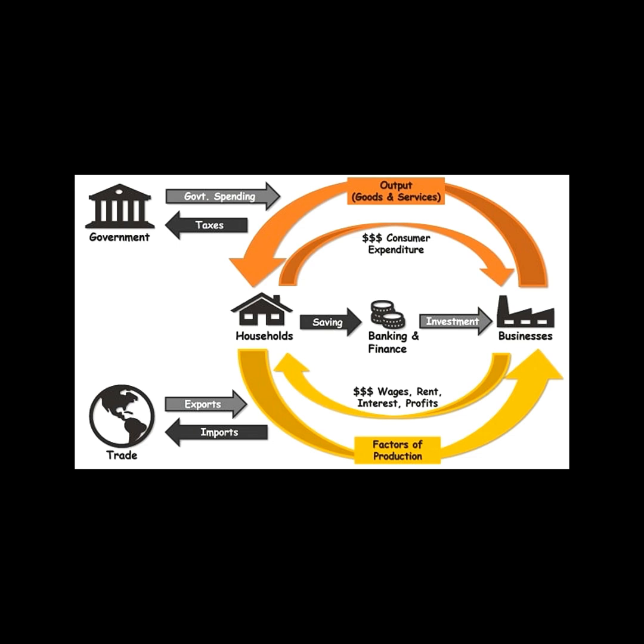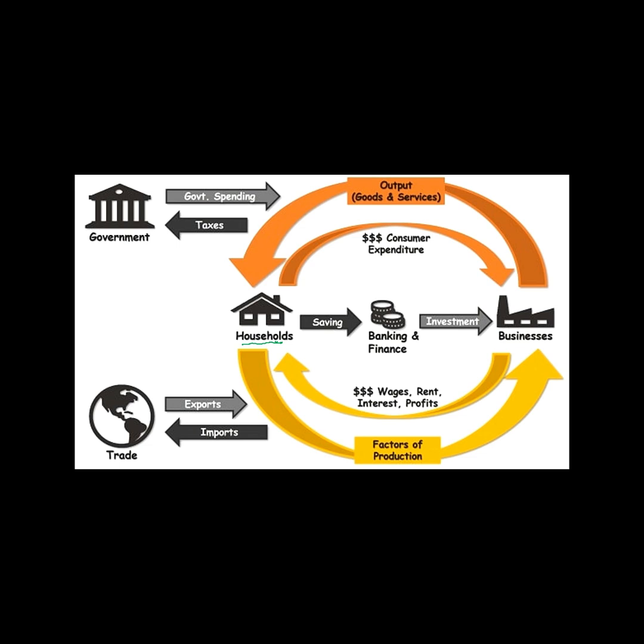First of all, we're going to start off with households. Households include individuals such as yourself who might be listening to this video. It includes families, basically your household. In a household, what you usually end up doing is, of course, you sell your labor.